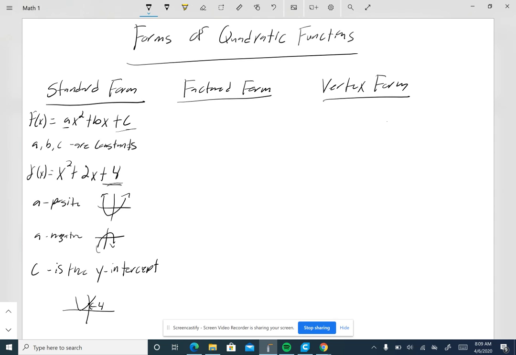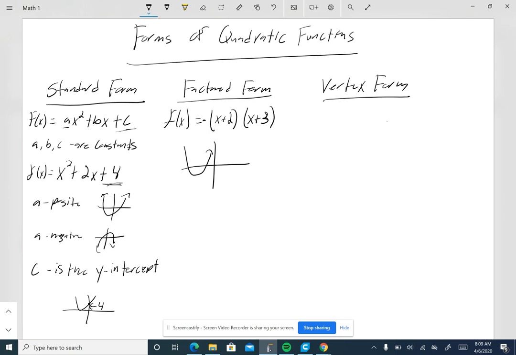Now, factored form, you guys actually know how to factor. That's what we've been working on. So once an equation is factored, we know it looks like something like x and x there, and then maybe x plus 2, x plus 3. What that tells us is our roots. This is going to open up because this is positive, not negative.